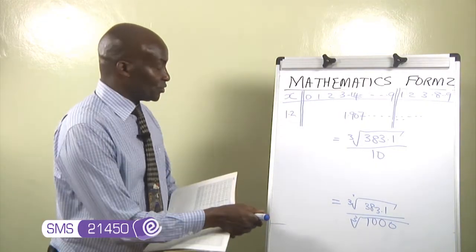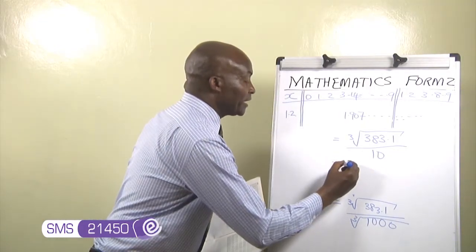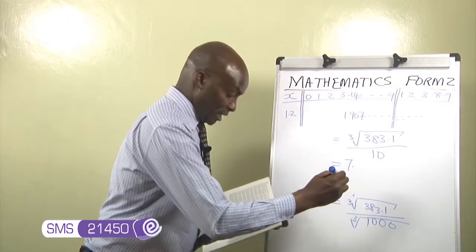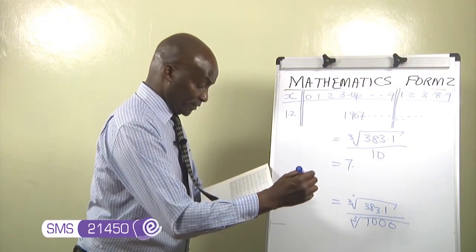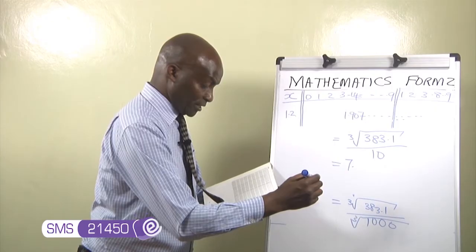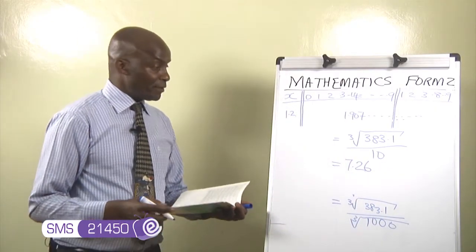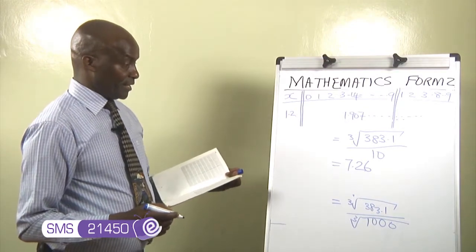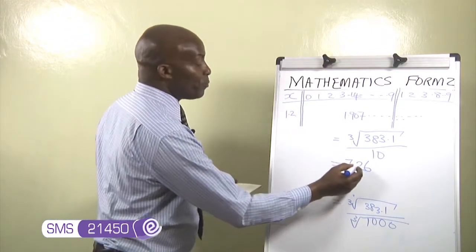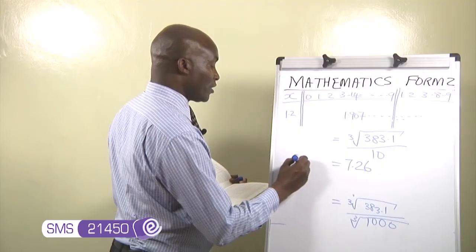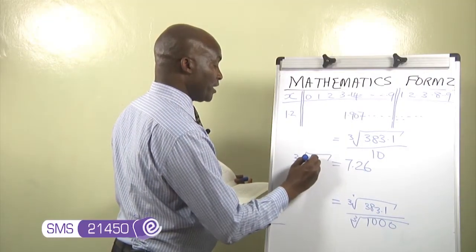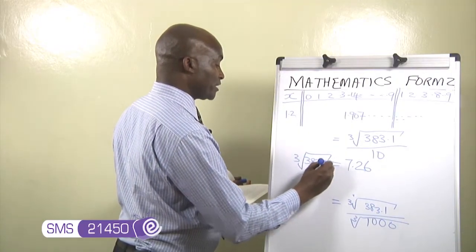Now the cube root of 382.7 from your cube tables will be 7.26. So we'll have 7.26. Now that is the cube root of 382.7.